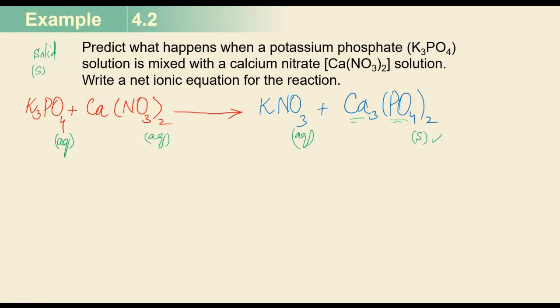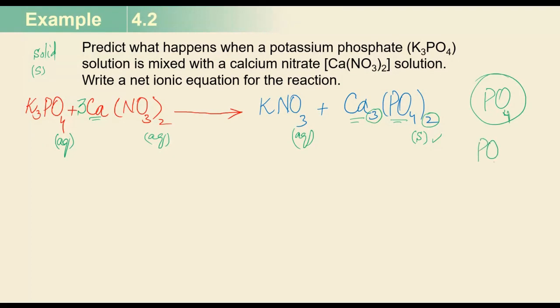How many Ca? 3. How many Ca here? 1. Multiply this Ca with 3. How many PO4 in total? 2.